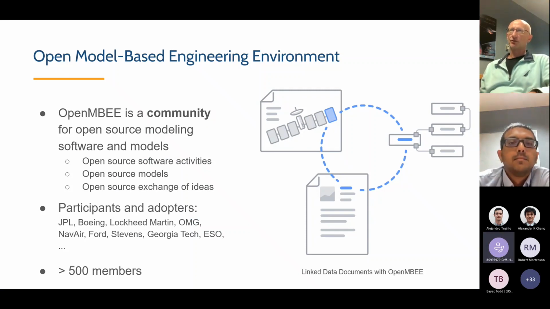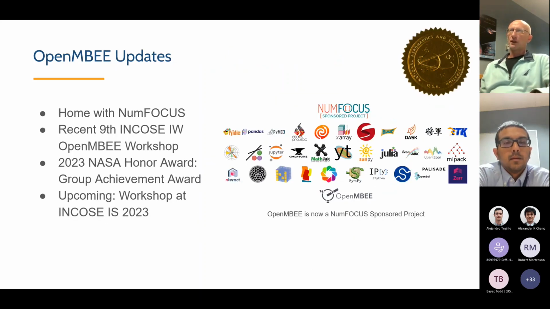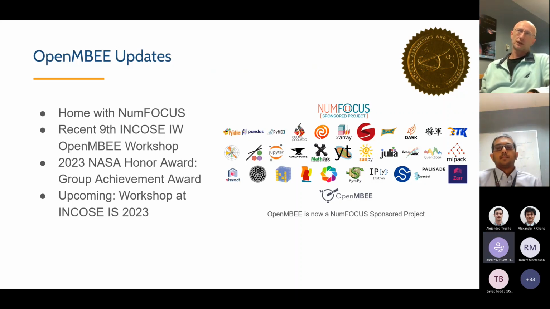Here's a quick summary of where we are. It's a community, as I mentioned, for open source modeling software and models, open source activities, and exchange of ideas. There are a number of organizations that are members and adopters, with more than 500 members meanwhile. We found our home with NumFOCUS, which is an open source community, similar to Apache.